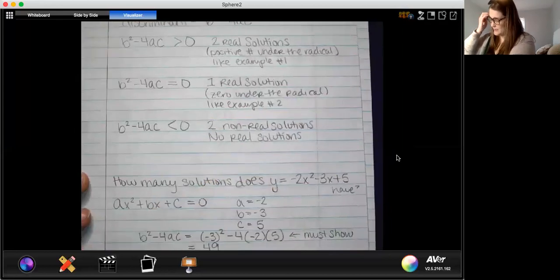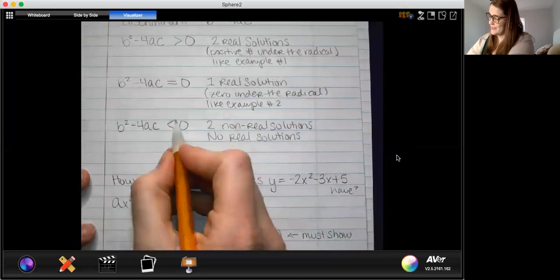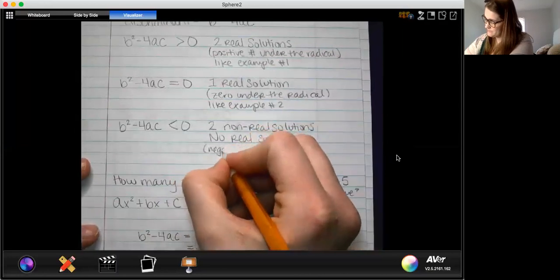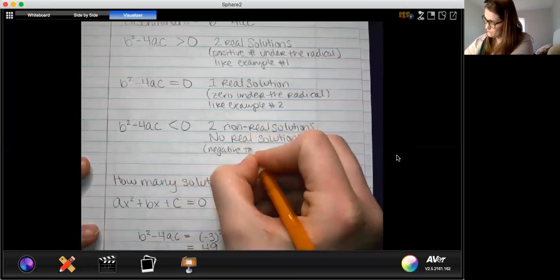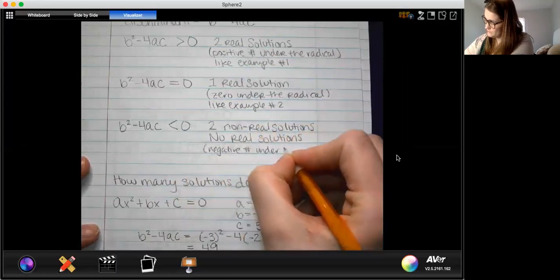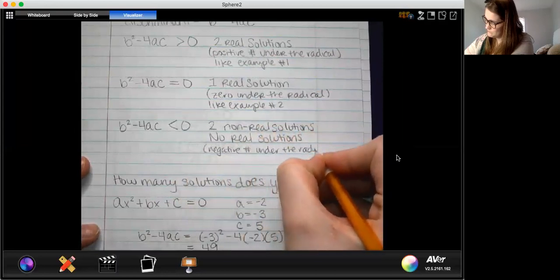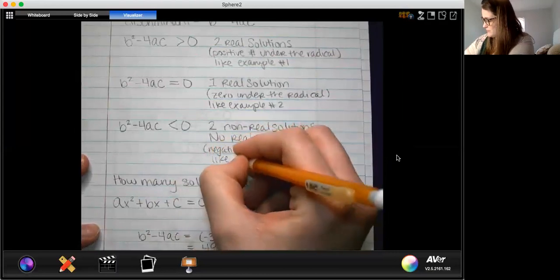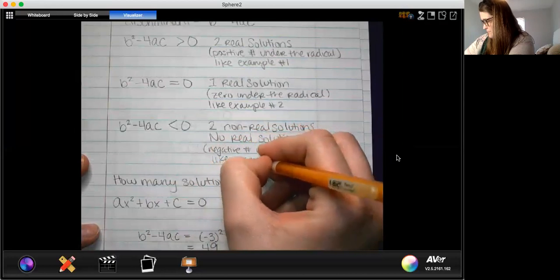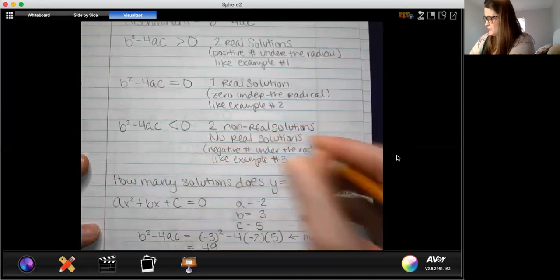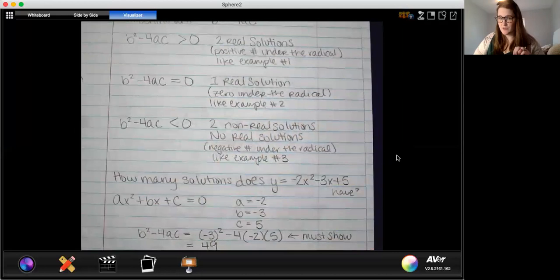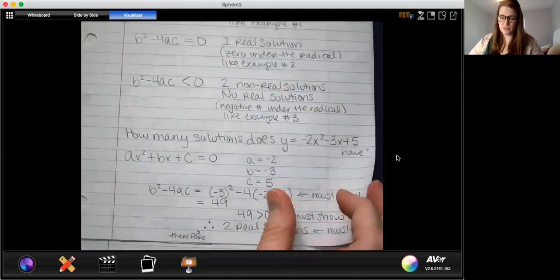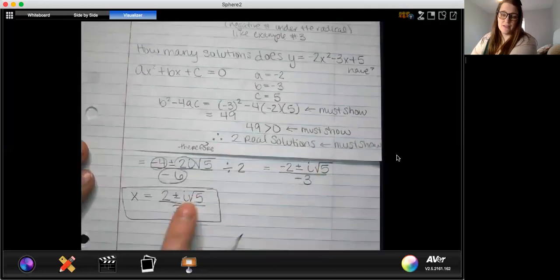And then last but not least, we have when it is less than 0, meaning you have a negative number under the radical, which is like example number 3. So there are technically 2 non-real solutions or no real solutions, and that is simply because we have the imaginary unit.